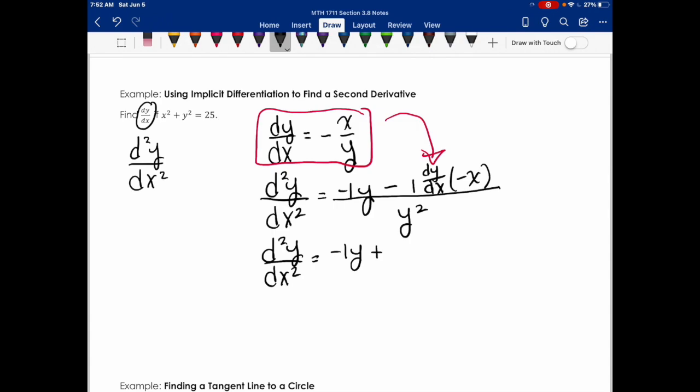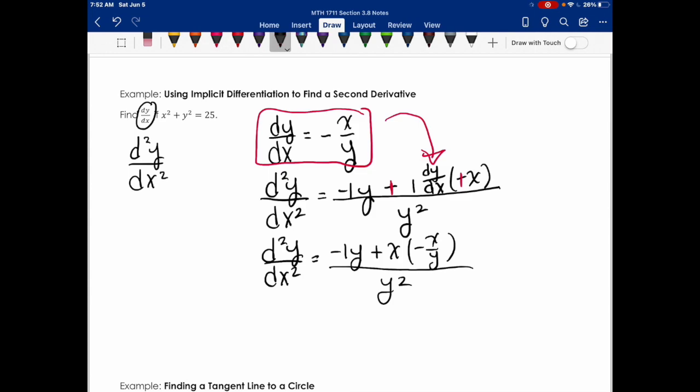And then I have x times that negative x over y, all over y squared. So this turned into a plus because of those two negatives. But when I did the substitution for dy/dx, it's actually still negative because of that negative in front of the x over y. So just take your time and watch your signs.